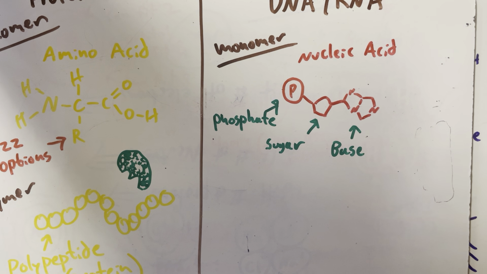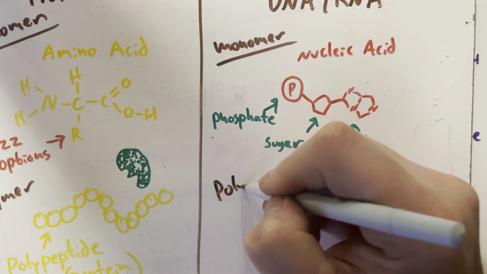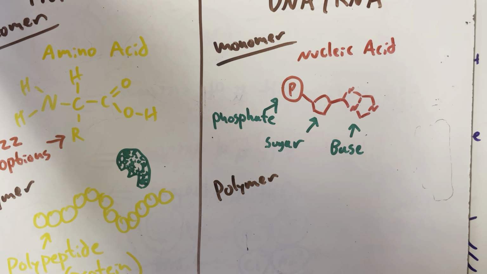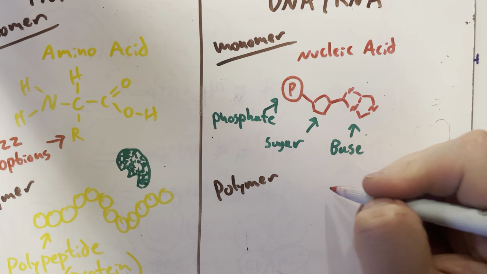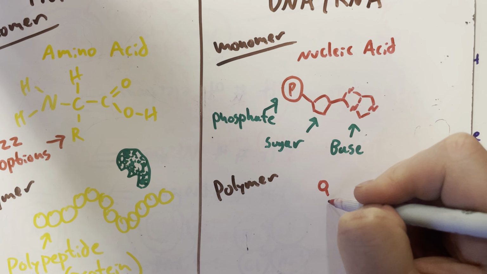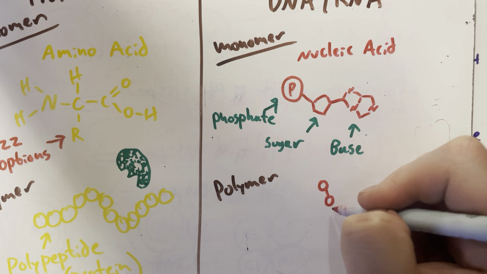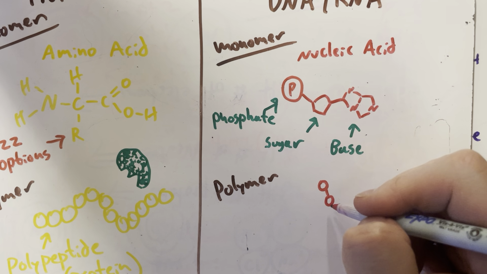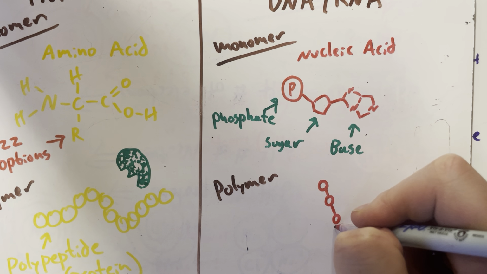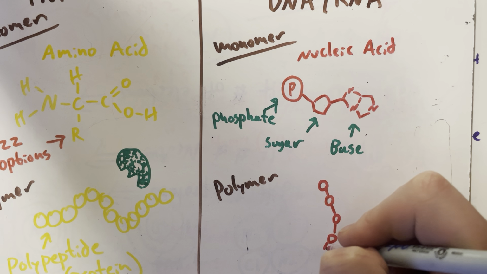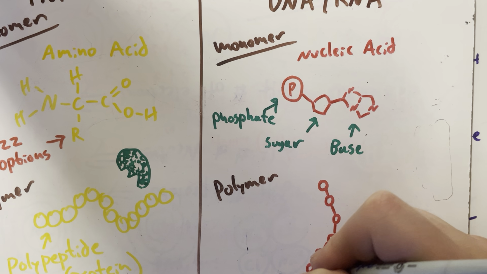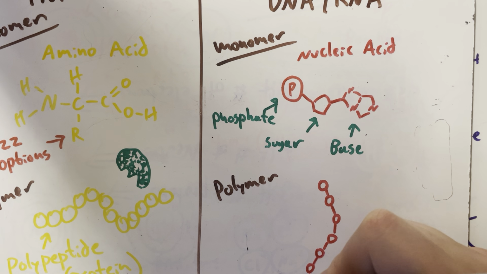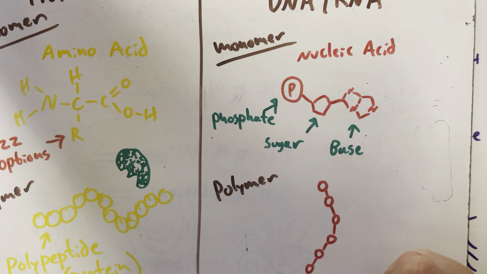And then when we put them together as a polymer, we string the sugars and the phosphates together. So you have a sugar, and then a phosphate, and then another sugar, phosphate, sugar, phosphate, sugar, phosphate, sugar. And this will form the classic backbone.